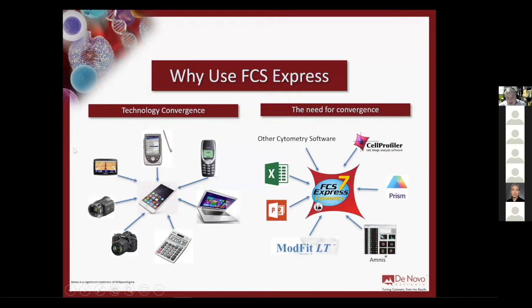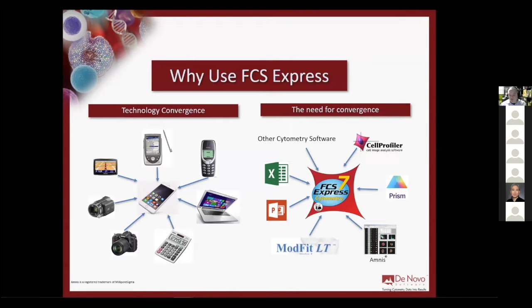The way I like to juxtapose this is with what we've seen in technology convergence, having all these separate tools like GPSs and cameras and calculators all wrapped into a smartphone now, which is really nice and efficient.